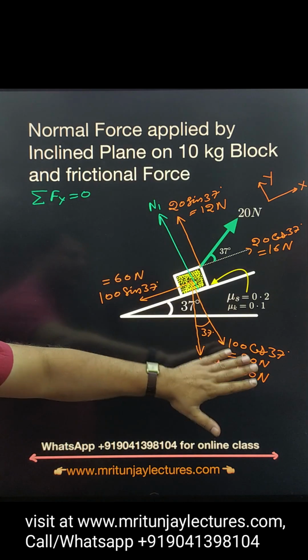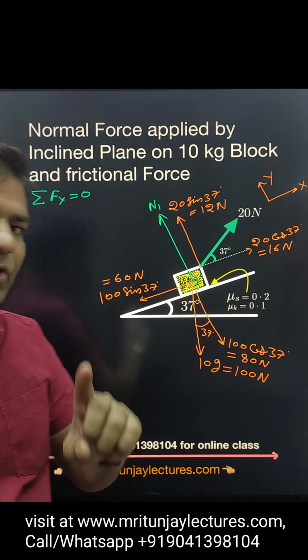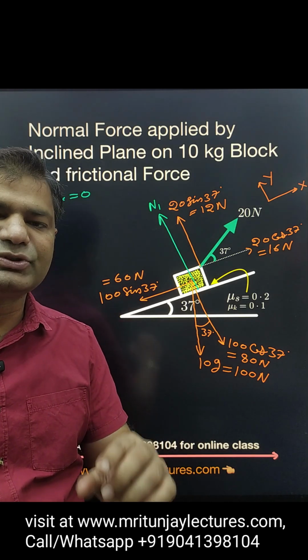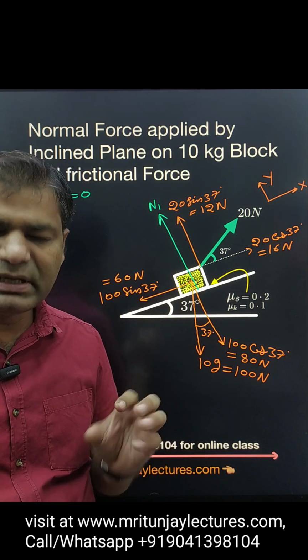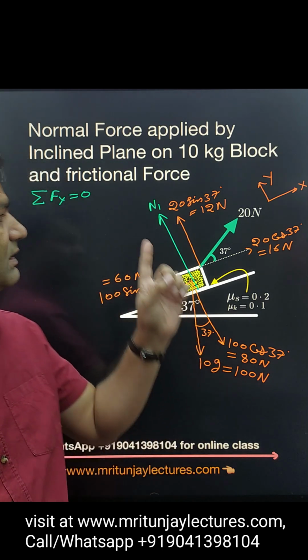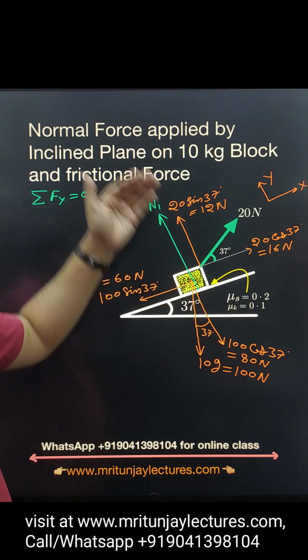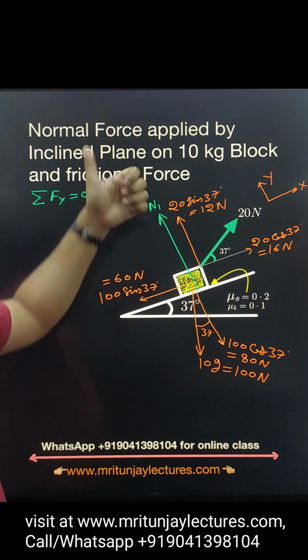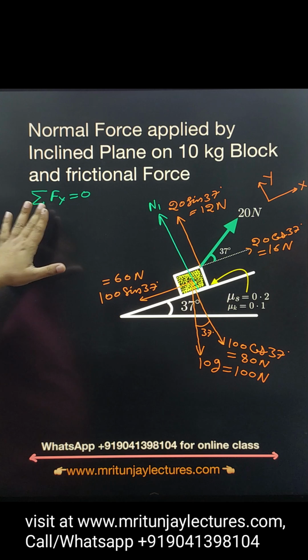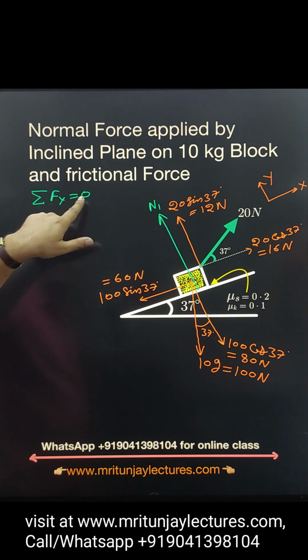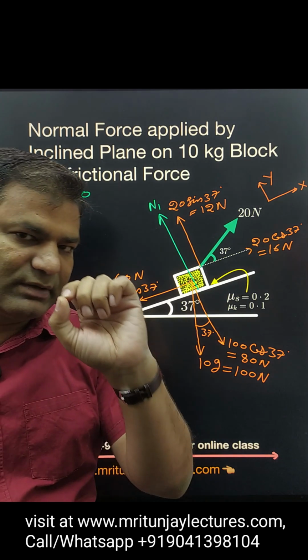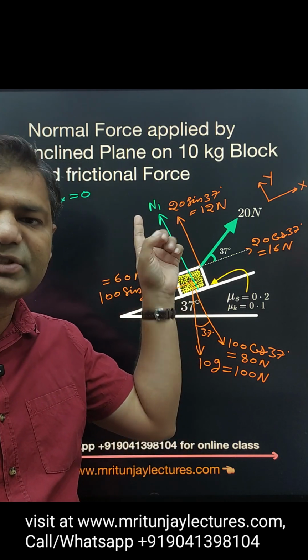If this block is not moving along this direction, and we get N1 positive, it means our assumption is clear. Otherwise, if N1 is negative, it means this block is moving along the y axis. So we assume the summation of F y is 0, so if N1 is positive, it means your assumption is right.